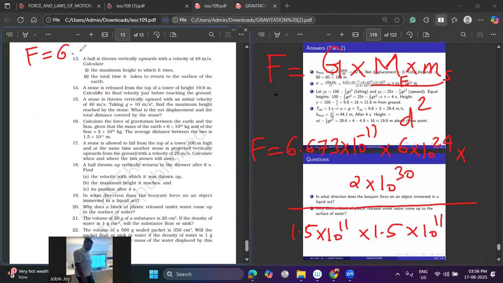So F is equal to 6.673 into 6 into 2 into 10 raised to minus 11 into 10 raised to 30. That means a raised to m into a raised to n, so 30 minus 11, 19.